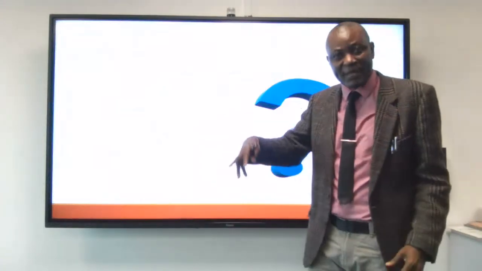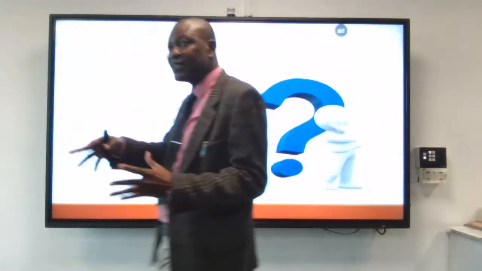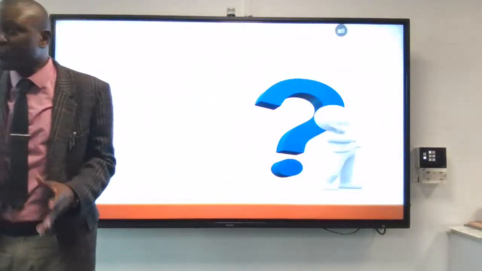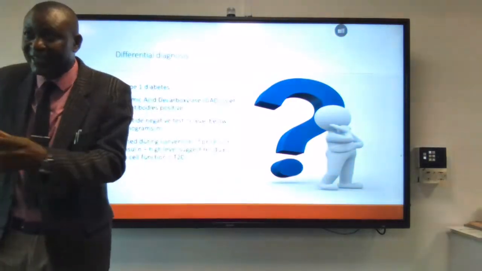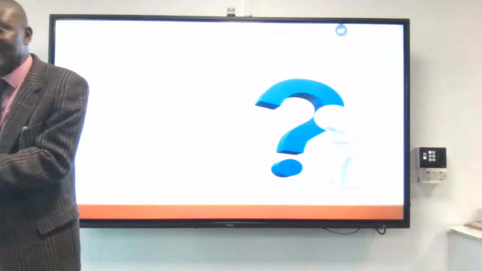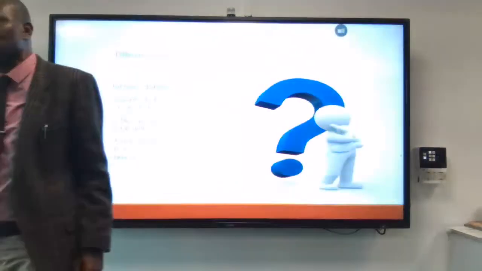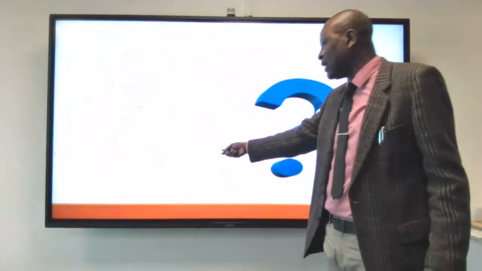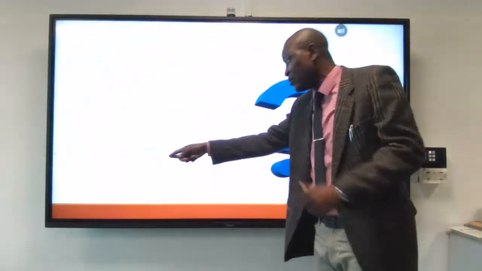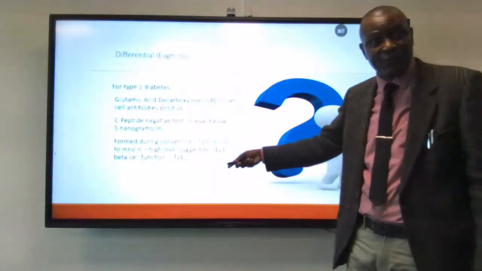C-peptide is a substance that is produced during the production of insulin, so if it is high, there's production of insulin. The higher it is, the more likely it will be type 2. It is formed during conversion of proinsulin to insulin. So high levels suggest that there's some residual beta cell function.